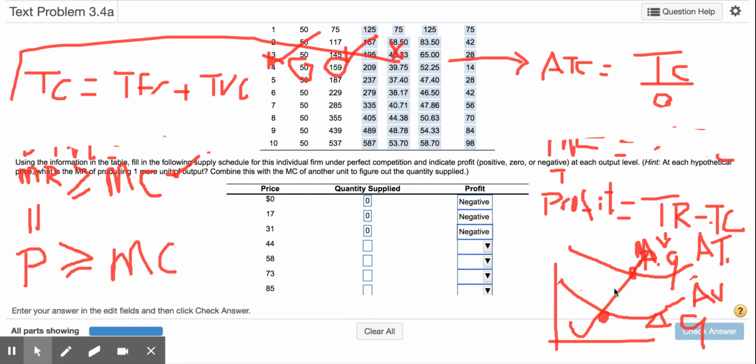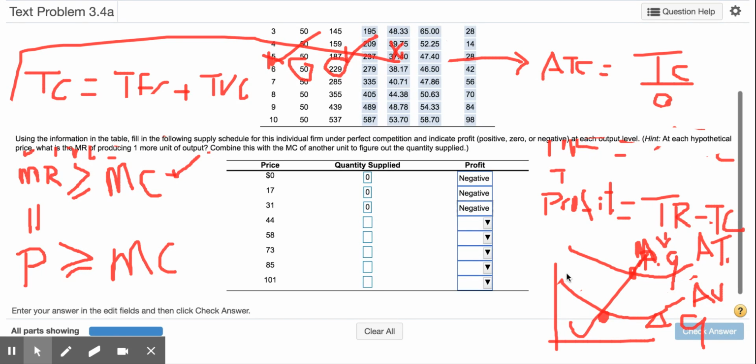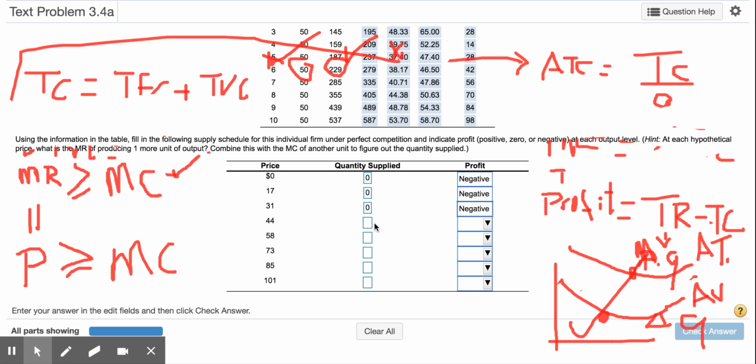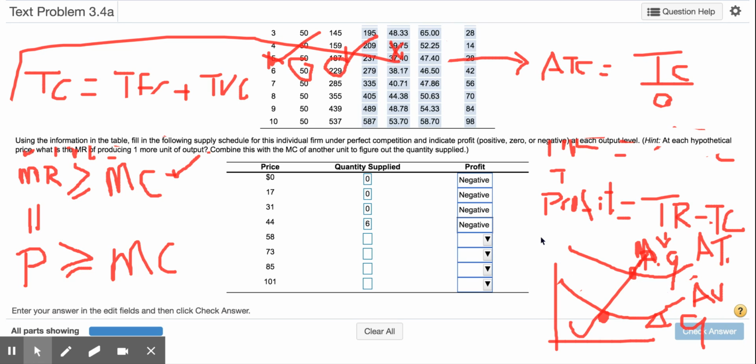If we are on this section right here, to minimize at least losses, we should produce 6 units. We get it from here. And we know that profit on this section, from the previous class, is negative, but we continue to produce in the short run to minimize losses.